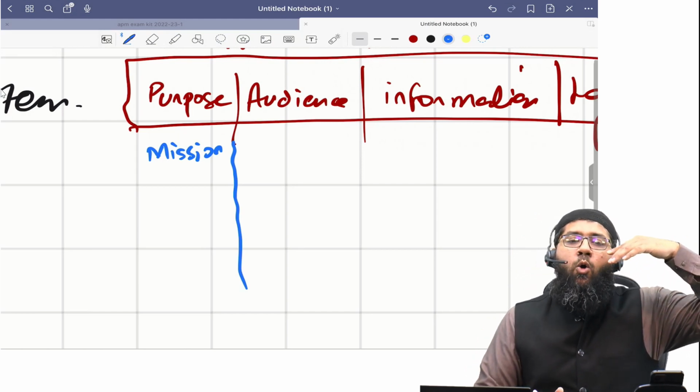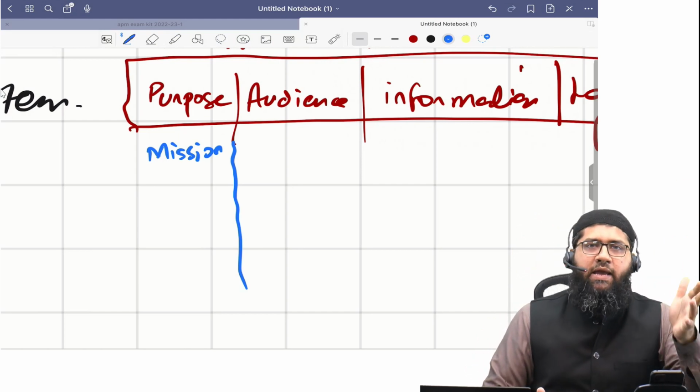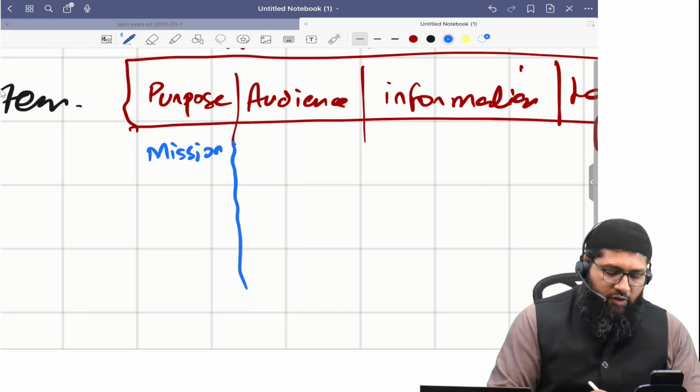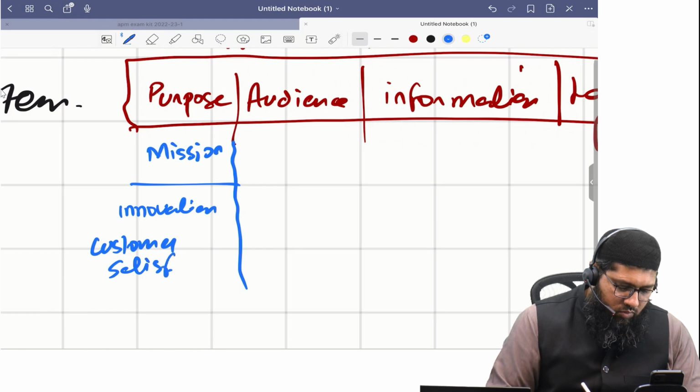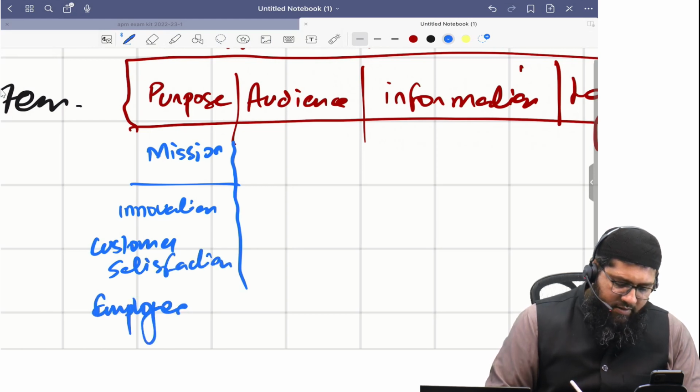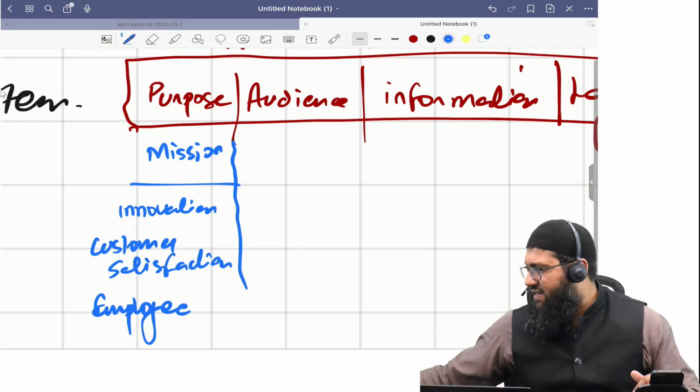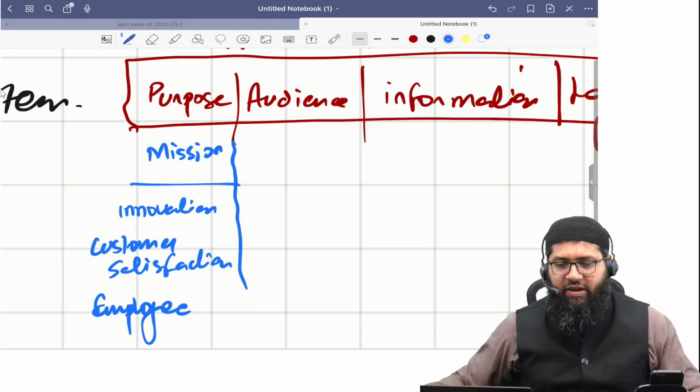What is the whole objective of the organization? Maybe your objectives could include innovation. Your objectives could include customer satisfaction. Your objectives could include employee care, etc. There are hundreds of things that could happen.